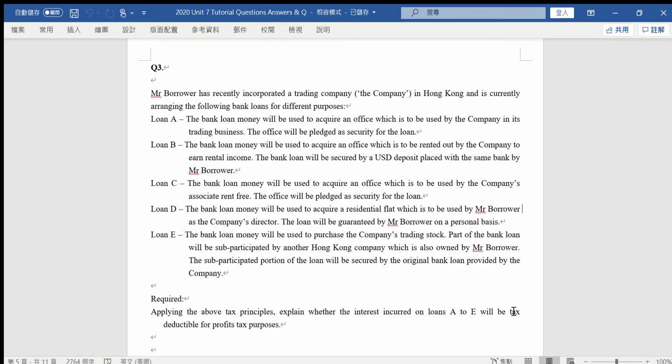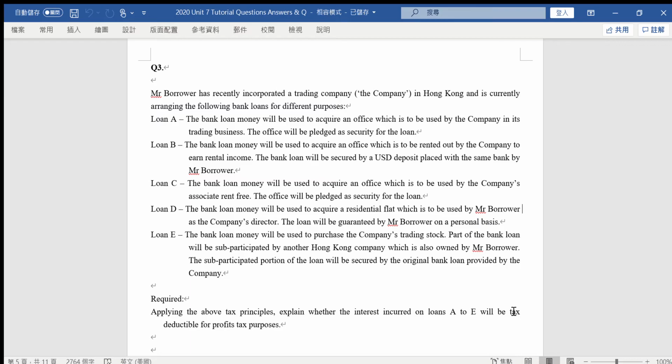That's why, when we look at section 16(2)(a), the secured loan test may not be satisfied, because it is being secured by a deposit, and also it comes from a connected person, Mr. Borrower or his associate, right? For this one, it really depends on whether the sub-participated portion of the loan provided by the associate is smaller than the loan amount borrowed by the company or not.